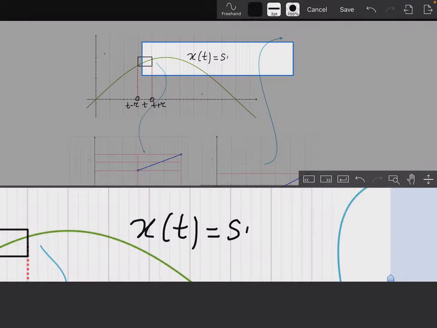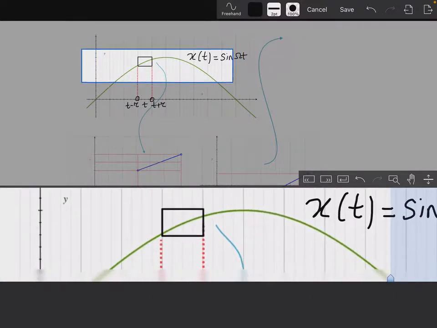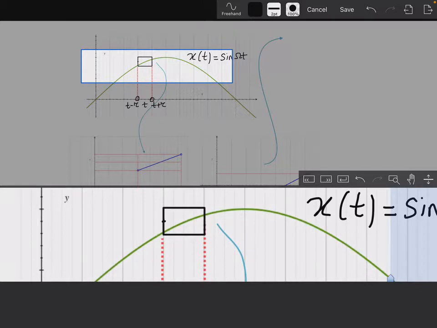So our signal is sine or cosine omega t, okay? And exactly at the midpoint, we sample it and hold it here.